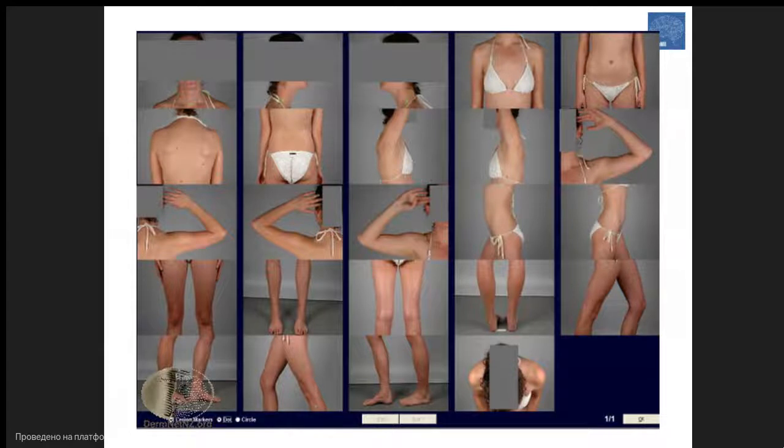This is a picture which may appear as a set of radiological positioning of the limbs and body parts, but in fact this is an example of how standardization works in different clinical specialties. And these are the images obtained by dermatologists in order to standardize the imaging of the skin of the patient with nevi.